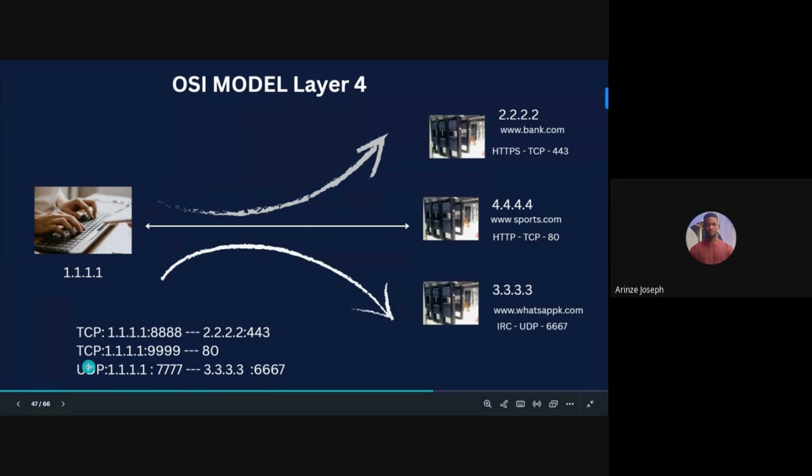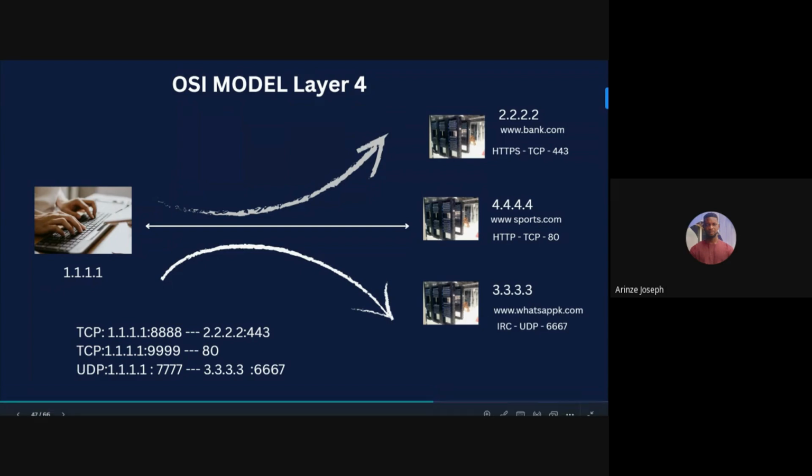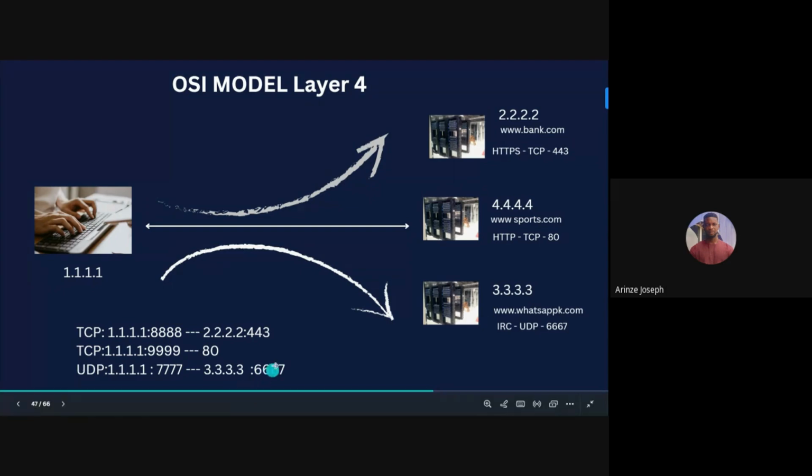Then there is UDP port 6667 also, that belongs to WhatsApp, whose IP address is 3.3.3.3, and that connection is established between your device and the server of WhatsApp. And your device has also created port 7777 to connect to these ports for that exchange of information to flow. So this is how OSI model layer 4 functions.